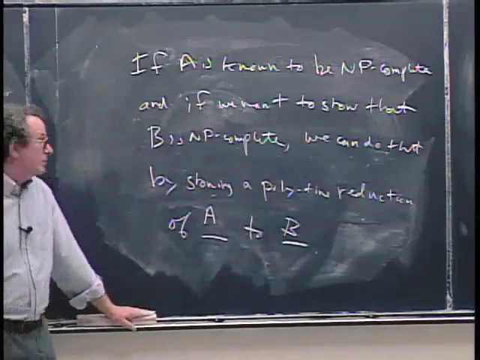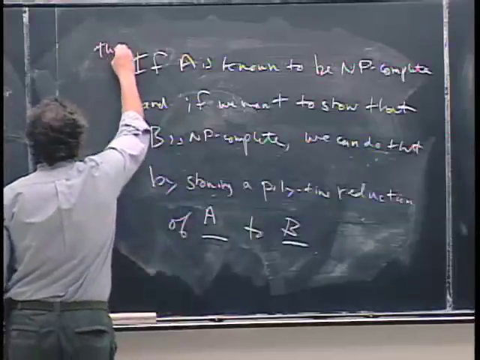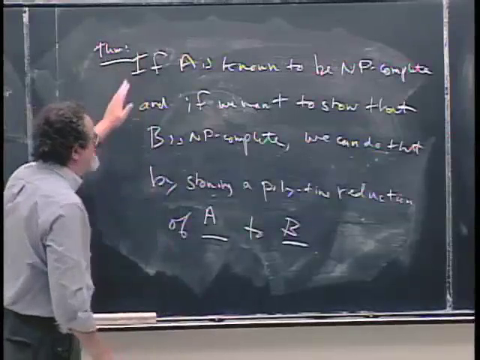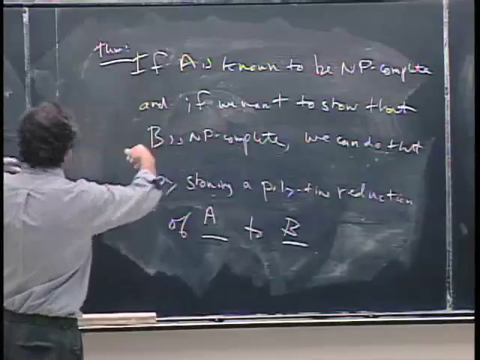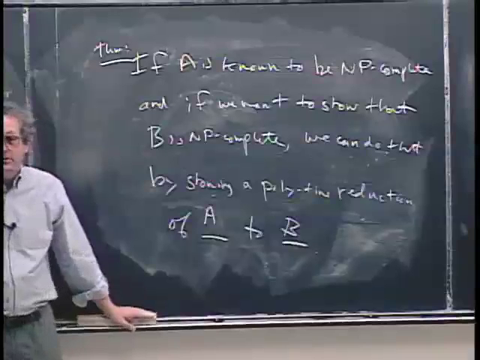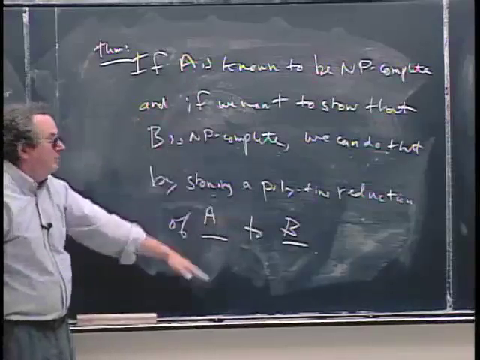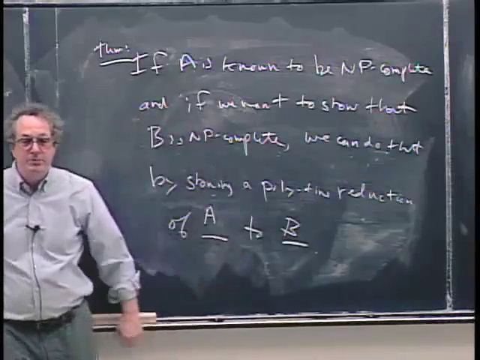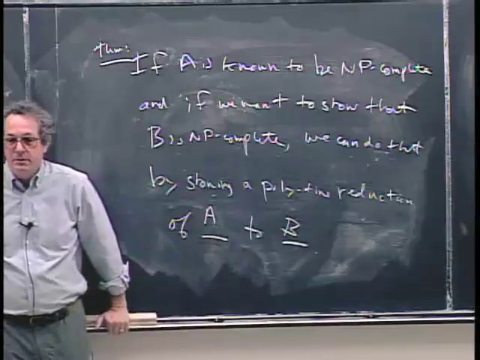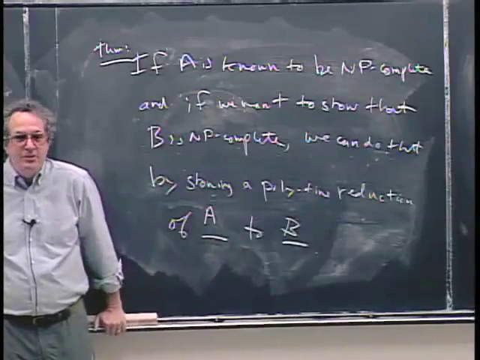And you just have to convince yourself of the structure of this particular statement. And so this is how in practice we prove that problems are NP-complete. Except for one issue. What is it?